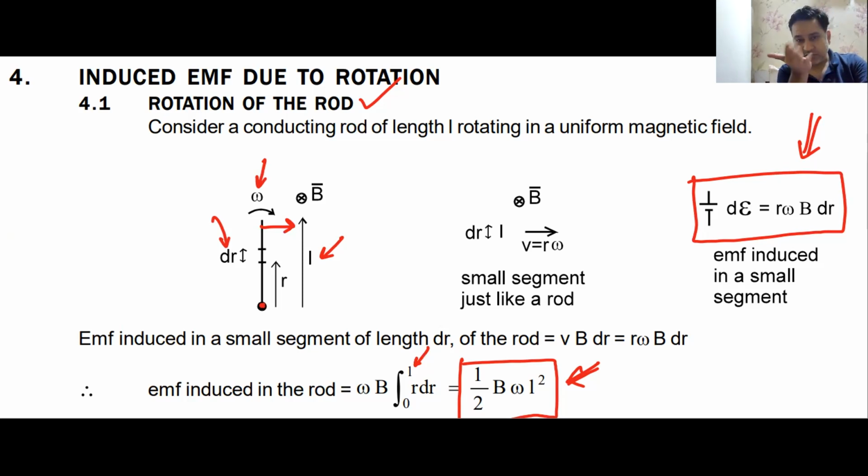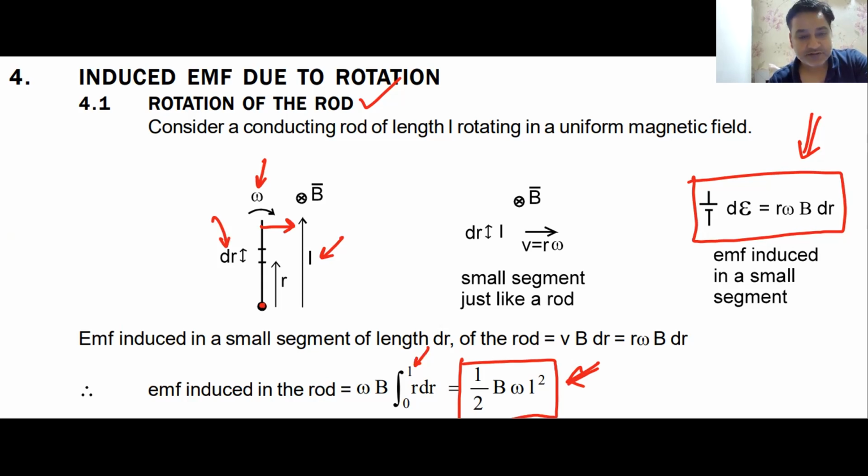In all cases, to find out which is the positive terminal or the negative terminal, you are always going to do one thing and one thing only: take V cross B. I hope you don't make a mistake in this.